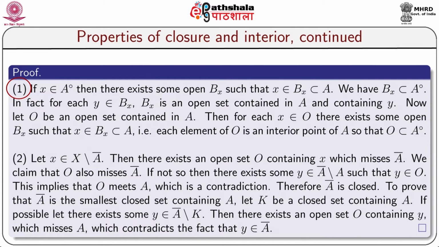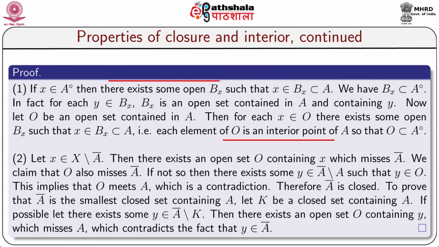Number 1. If X belongs to A interior, then there exists an open set B such that X belongs to B subset of A. We have that B is a subset of A interior.